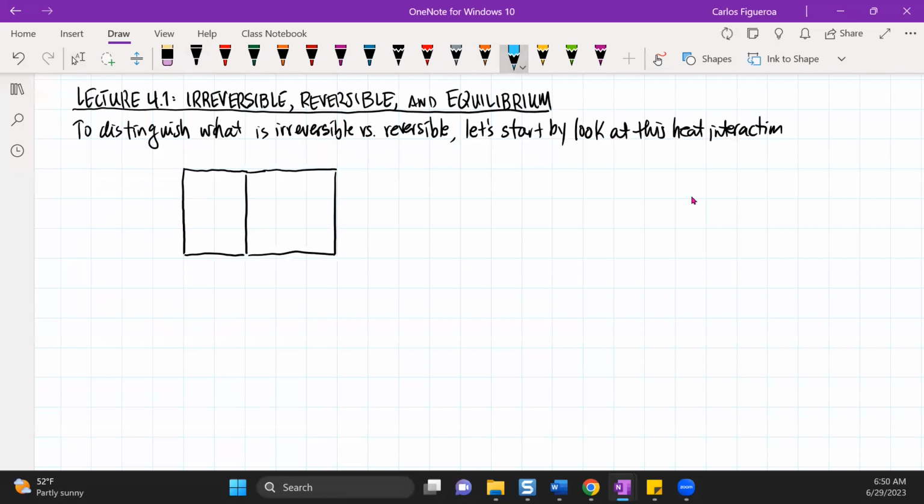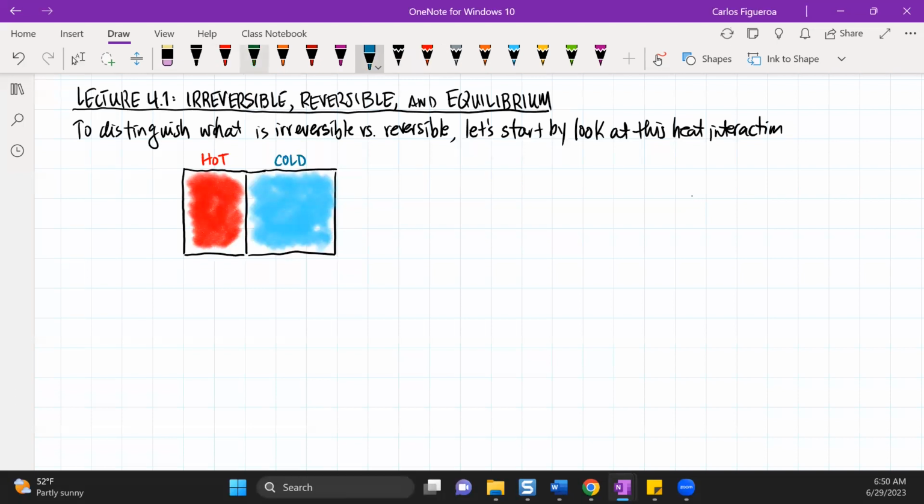In this situation, this is going to be a cold gas region, whereas over here, this is going to be our hot region. And we're going to let these two interact with each other.